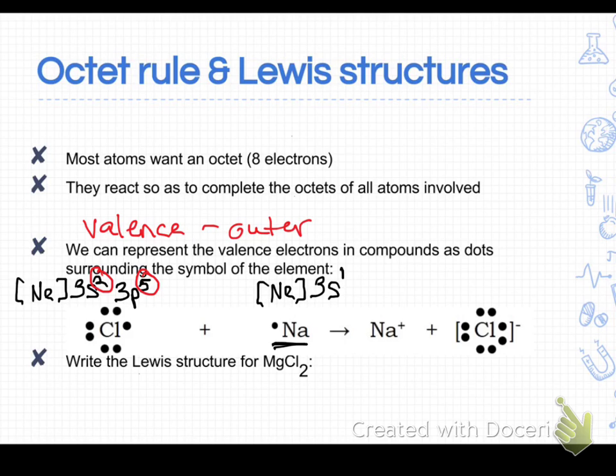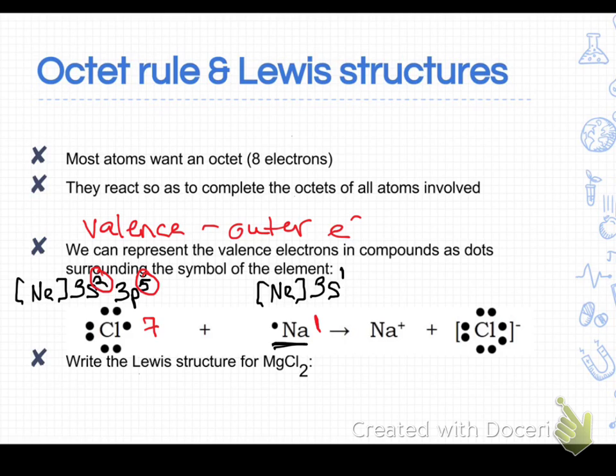Those are the ones that react when you combine different elements together. Chlorine has 2 valence electrons in the s orbital and 5 in the p, so that means it has a total of 7 valence electrons. Sodium, on the other hand, has just 1 valence electron.